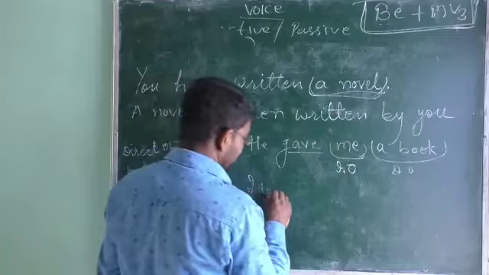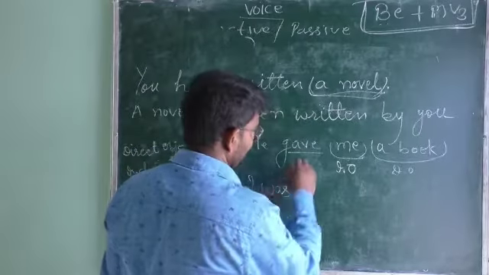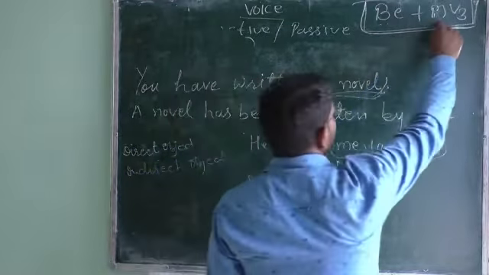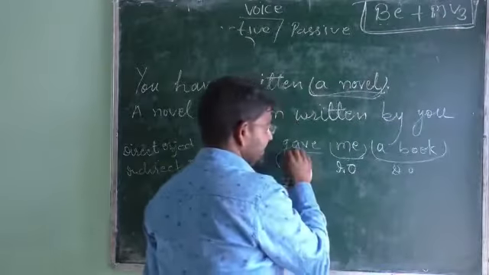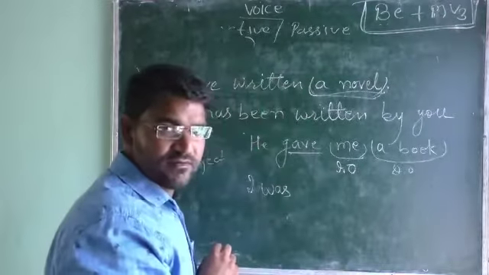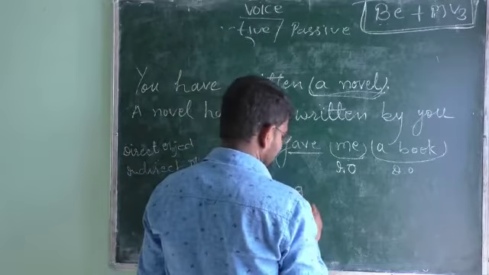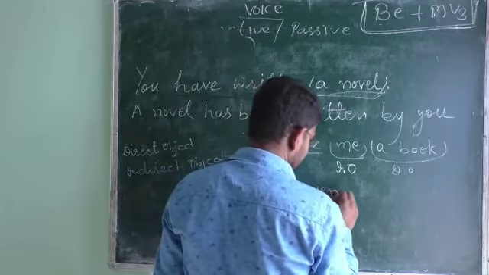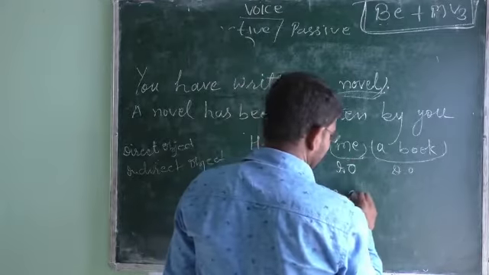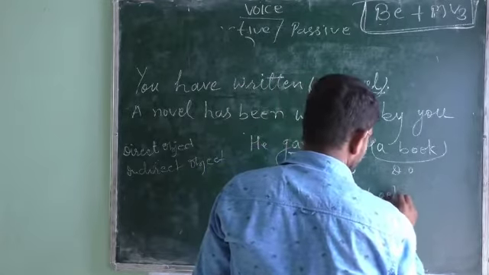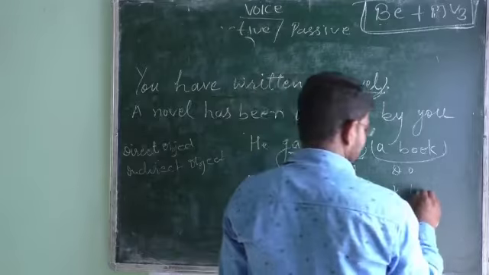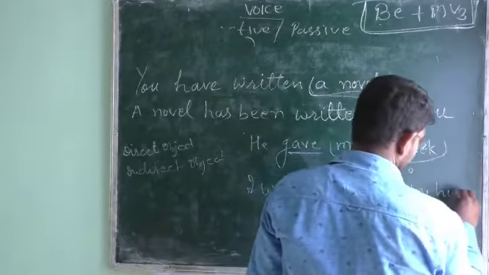I takes was. And after that, the third form of the main verb. Here is the second form, we need the third form, and the third form is given. A book by him.